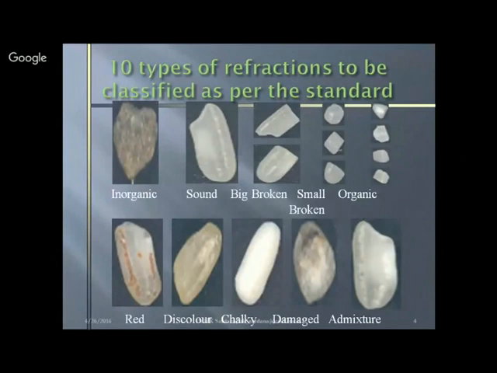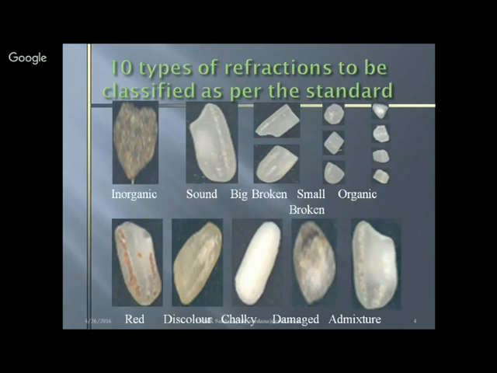As a problem definition, these are rice grains. If you thought rice grains are all white or gray, that's not true. There is a color element in each grain. A healthy, sound grain might appear gray, but there are also other inorganic matter and grains with red color defects.